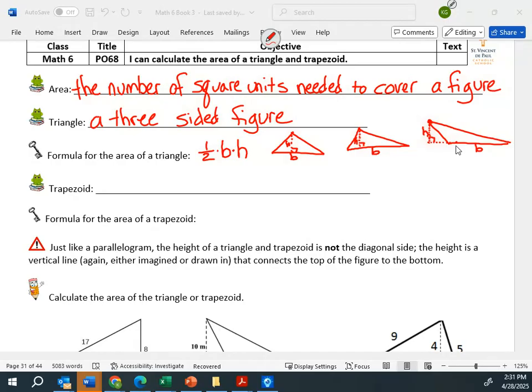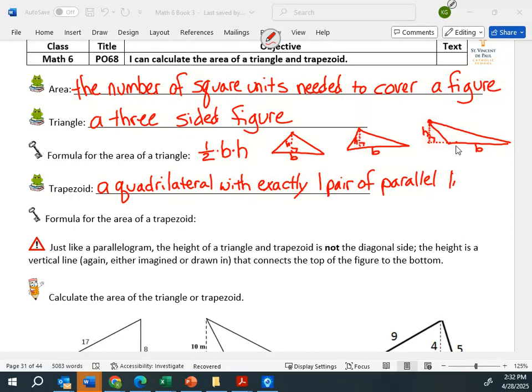Now our trapezoid is a quadrilateral with exactly one pair of parallel lines or parallel sides.